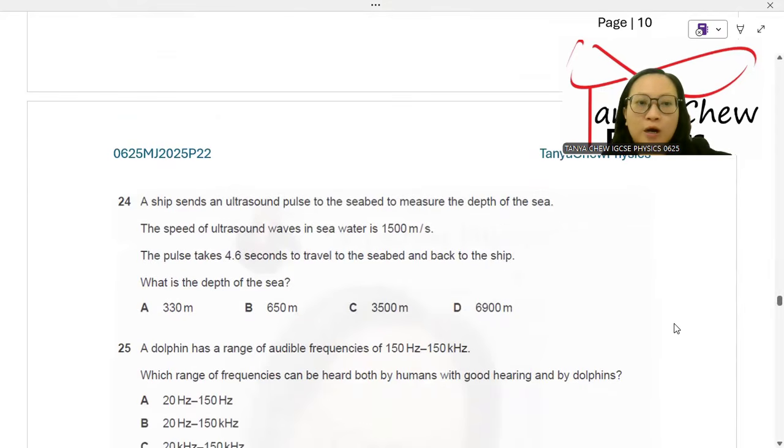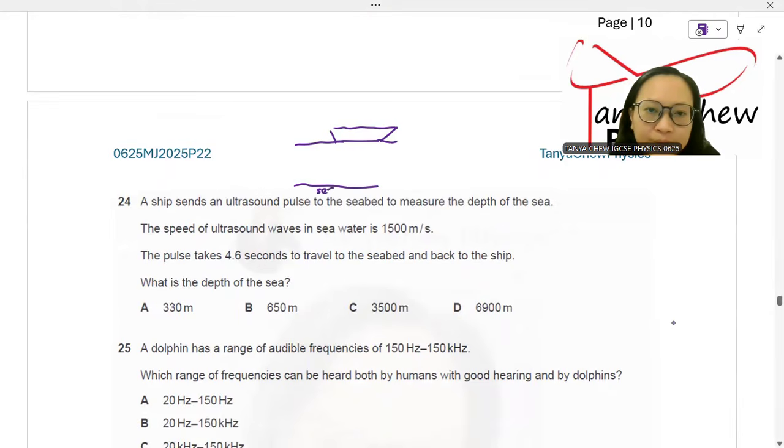Number 24, a ship sends an ultrasound pulse to the seabed to measure the depth of the sea. So this is a ship. This is a sea. Let's say this is a seabed. So the ultrasound is being sent to measure the depth of the sea. The speed of the ultrasound waves in seawater is 1,500 meter per second.